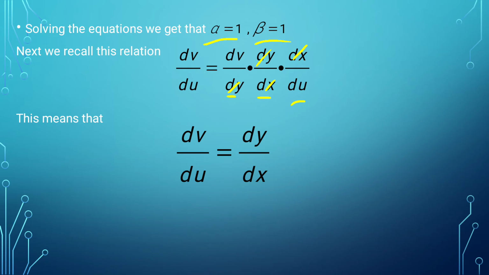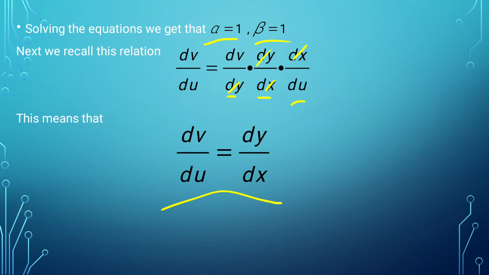If you look at this clearly by dividing, you'll find that dy/dx is basically dv/du. In case you have a question on this, you can ask me how this happened, and I will be glad to show you in the comments down there. So dy/dx is the same as dv/du.